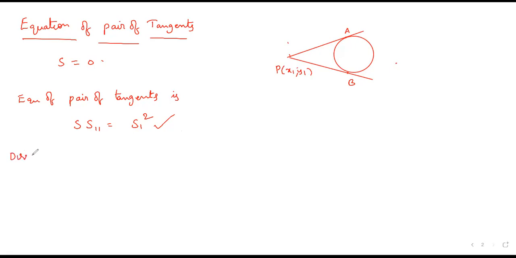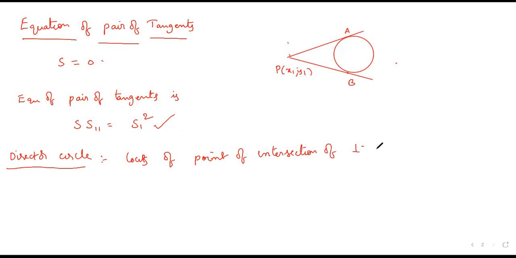Next, director circle. Director circle means the locus of the point of intersection of perpendicular tangents.